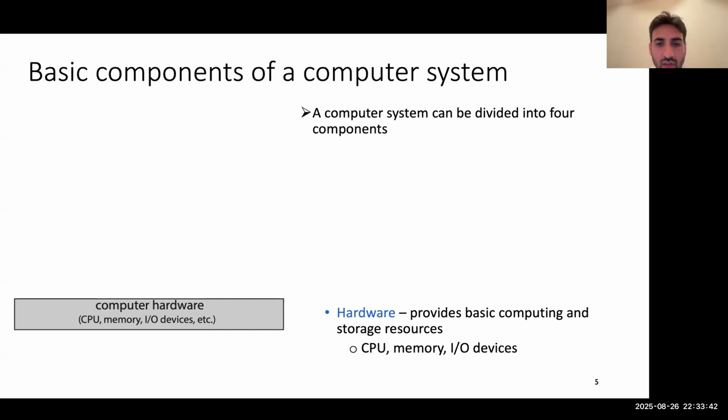This is the hardware, which is made up of basically transistors at the lowest levels. And those transistors are at the end of the day responsible for all the processing, for storing the data, and for all the communication between CPU and memory, right?